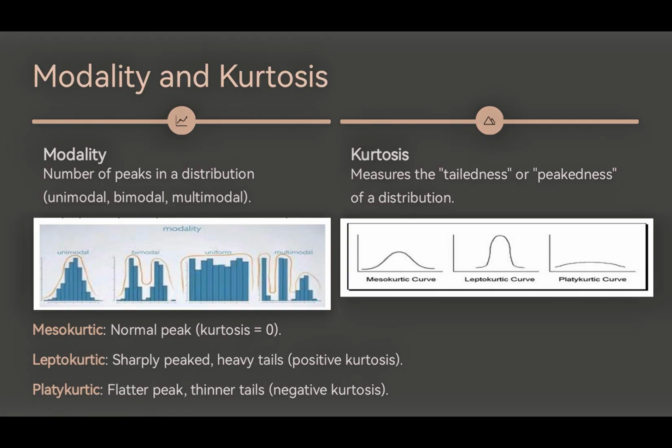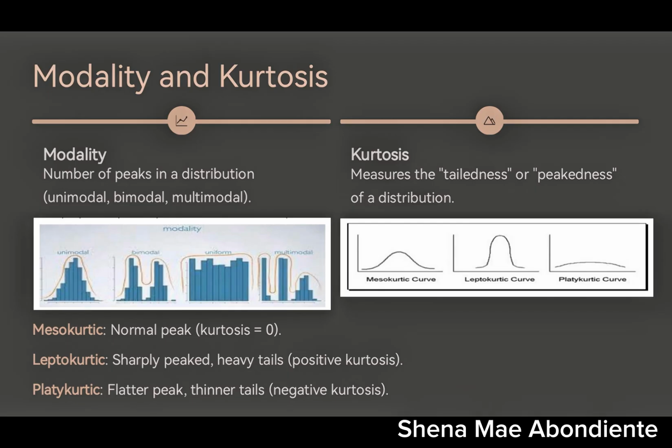Now, let's have the modality and kurtosis. What is modality and kurtosis? Let's start with modality. Modality refers to the number of peaks in a data distribution. Once more, a mode is the value that appears most frequently in a data set.